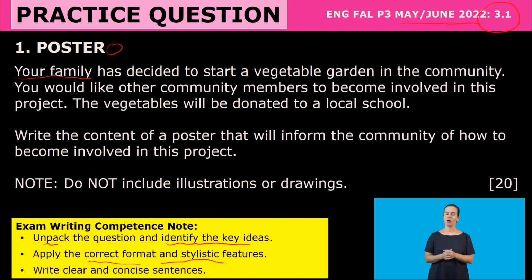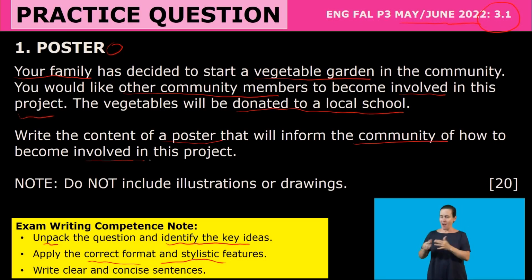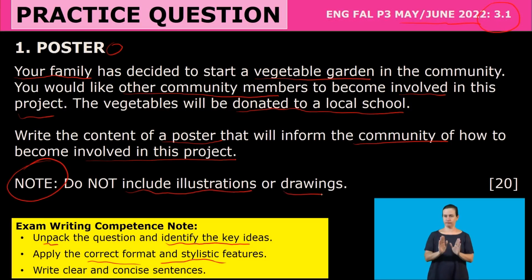Important aspects are your family and vegetable garden in the community. You would like other community members to become involved in this project. The vegetables will be donated to a local school. Write the content of the poster that will inform the community of how to become involved in this project. A very important thing to note is that you must not include illustrations or drawings because you will not be credited for this.